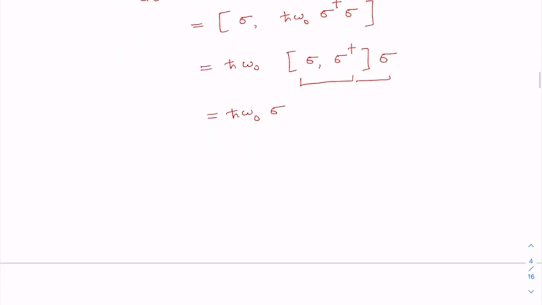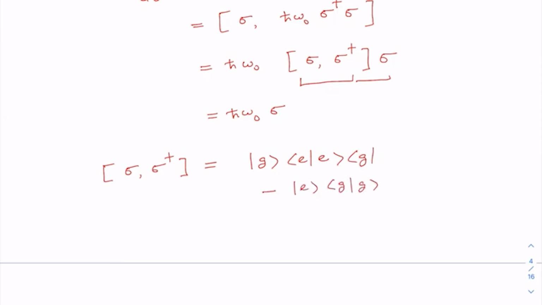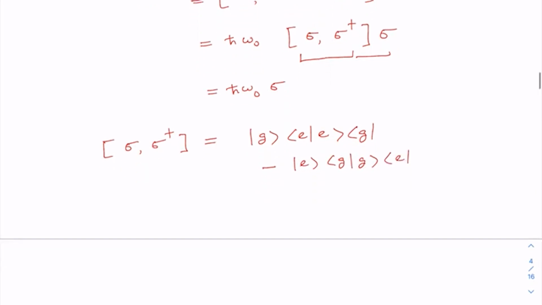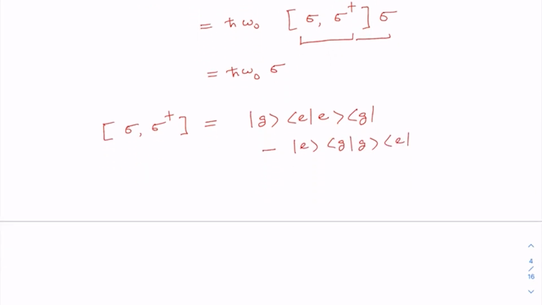Let me quickly show you how it can be worked out. First let me work out σσ†. σ is the atomic lowering operator, σ† is |e⟩⟨g|, and that would be minus, you will have here |e⟩⟨g| and here you would have |g⟩⟨e|. So I hope you are getting it.